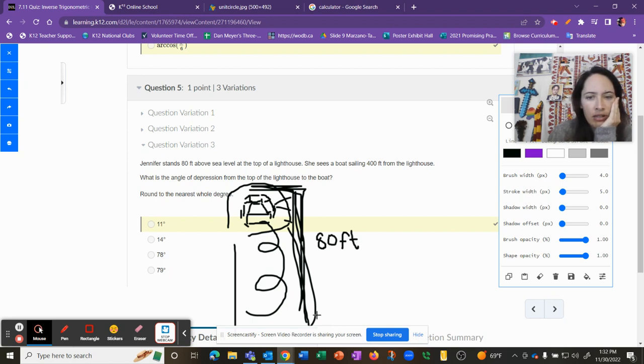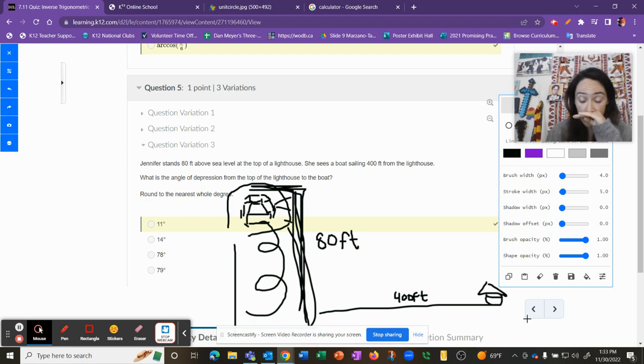She sees a boat sailing 400 feet from the lighthouse, so 400 feet away. We have our little sailboat. It's a beautiful sailboat. There's a right triangle. We made up a right triangle, but this works.